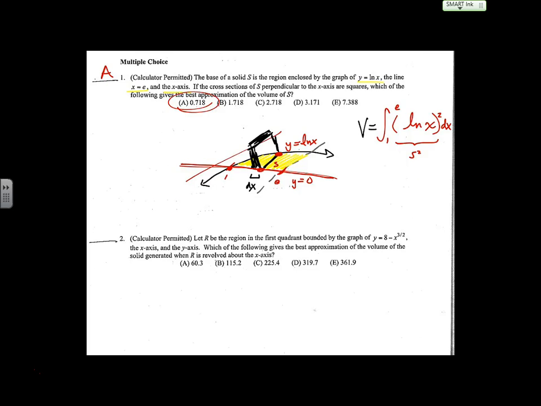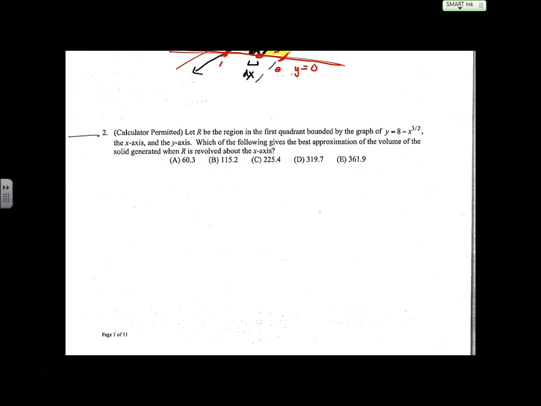Letter B, do you remember what we did on this one? Remember what he looks like? First quadrant bounded by 8 minus x to the 3 halves. I think I gave you guys this one, this one's picture just to help out. But you could also find intercepts. For instance, you could say, hey, when x is 0, y is 8. And when y is 0, it's a little bit messier.